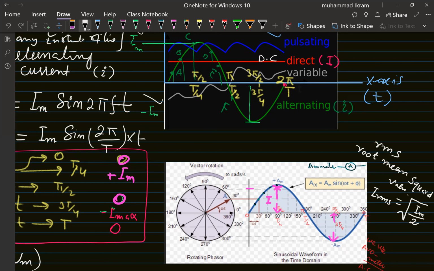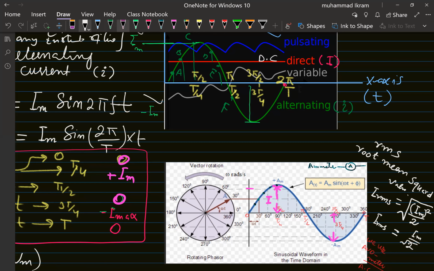The answer is I m divided by root 2. So this is the I RMS value, right?